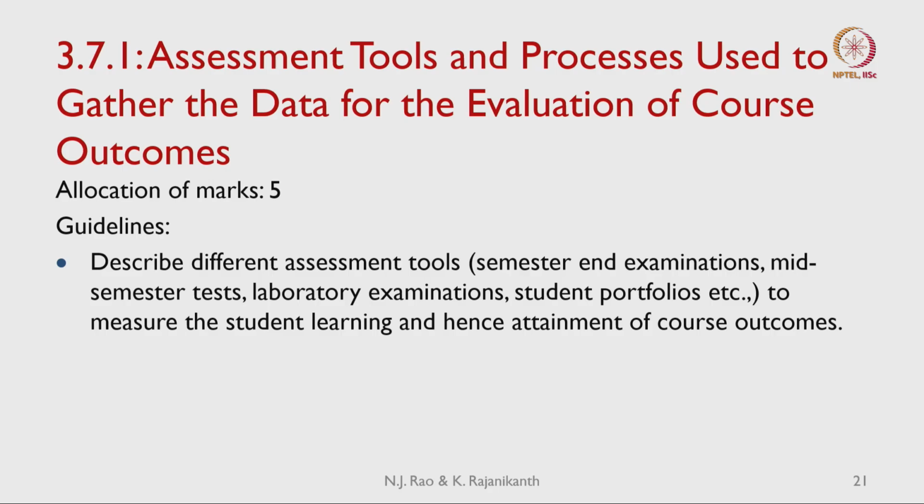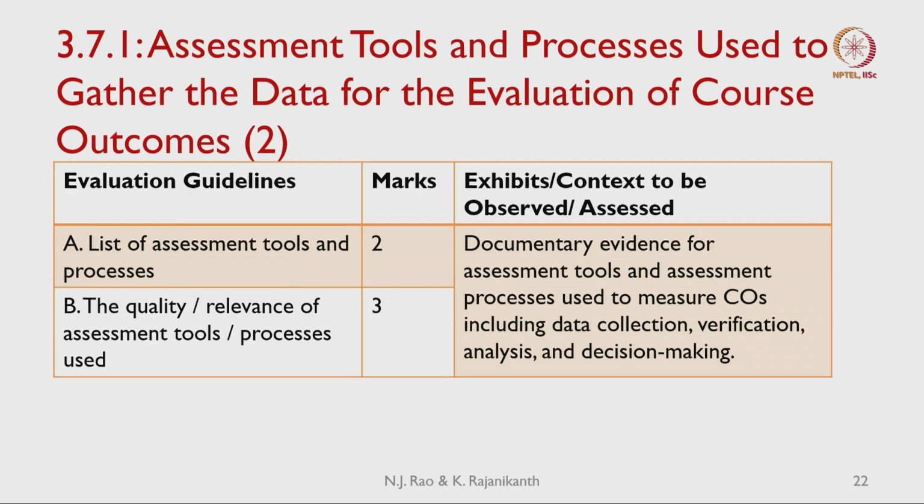And give preferably some examples of each of these items, how frequently they are done and what kind of assessment items are being used. So, list of these assessment tools and processes, 2 marks. Then the quality and relevance of the assessment tools and processes used in terms of their ability to capture the attainment of the COs well.